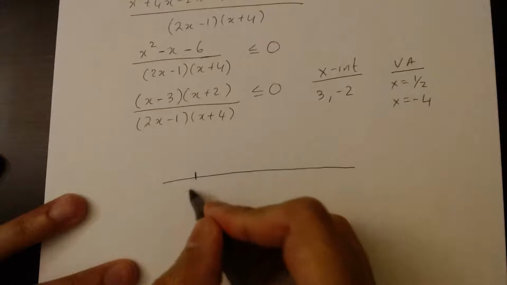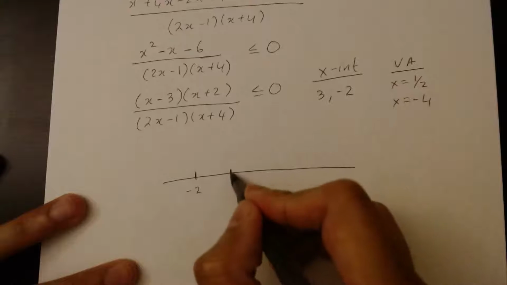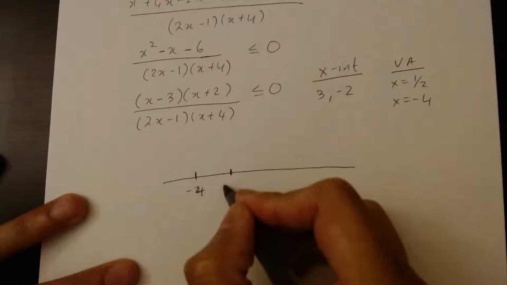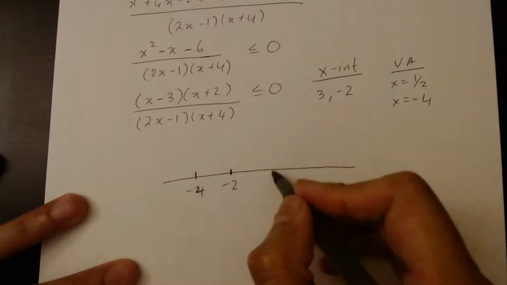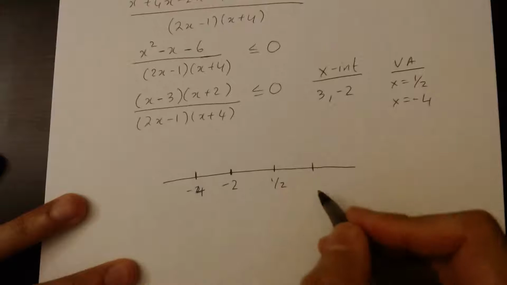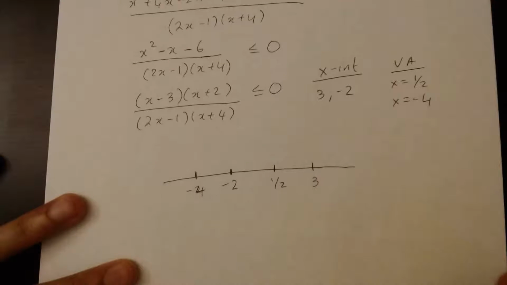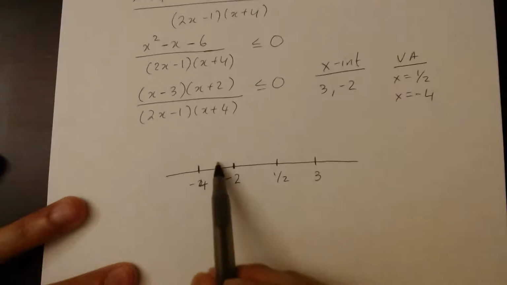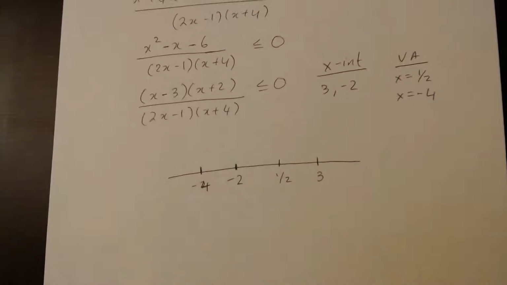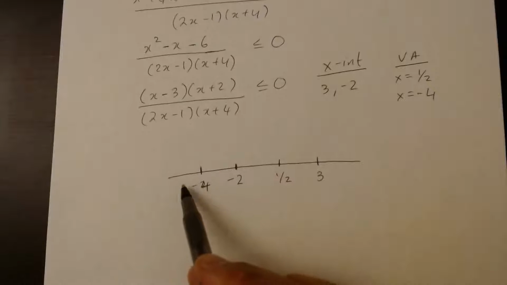Negative 4 is the lowest value, then negative 2, then I have positive 1 over 2, and then my last one is 3. Now I want to test every single range in my equation right over here. So I'll do this in my calculator. I will start by picking negative 5.